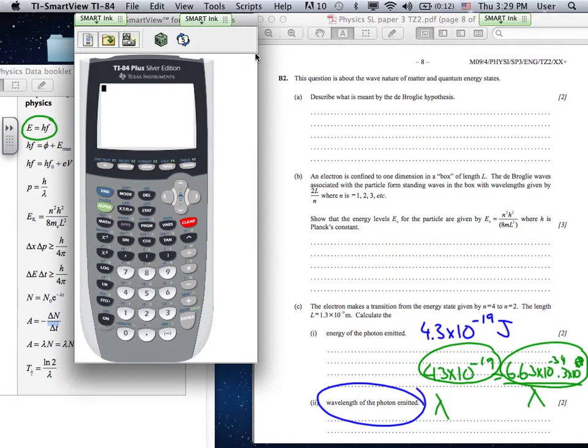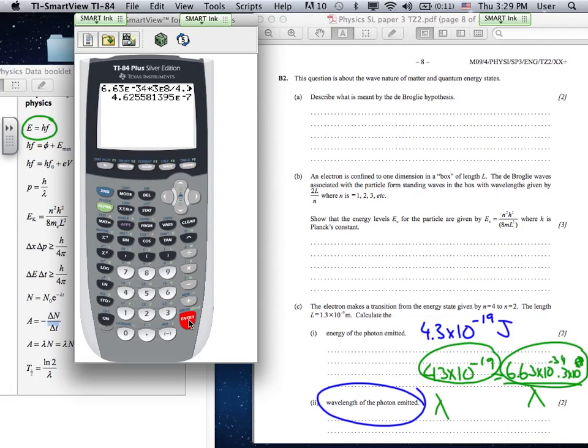So we're going to get 6.63, my exponent, and it is to the negative 34, times 3 exponent 8, divided by 4.3 exponent minus 19.